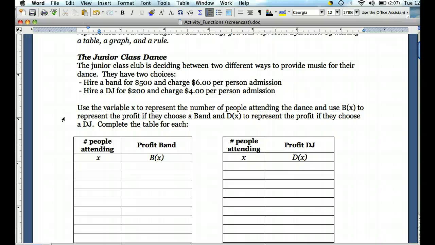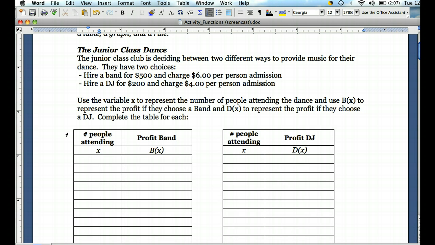And if you'll notice, we are going to first use some tables of data to try to answer that question. So you'll notice here we're using function notation where x is representing the number of people attending and b of x is representing the profit for the band. So we need to do a little thinking about what that means.